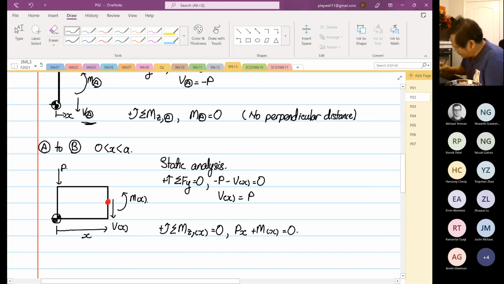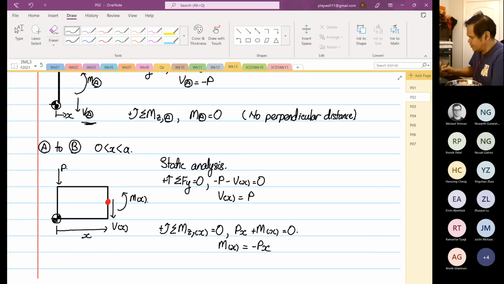Okay. So what we have is M as a function of X is equal to minus Px. So now we realize that it's a variable now, right? It's not a constant anymore. So as the distance increases, the moment increases.